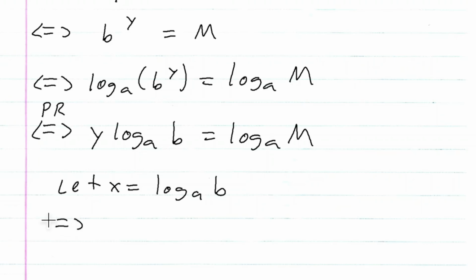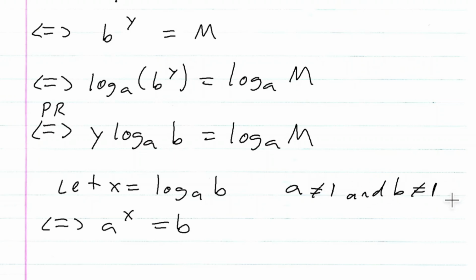So this is the same thing as saying a to the x is equal to b. Now, since a and b are both bases, I know a property of bases. I know that a cannot be equal to 1 and b cannot be equal to 1. So this means that x can never be 0, right?